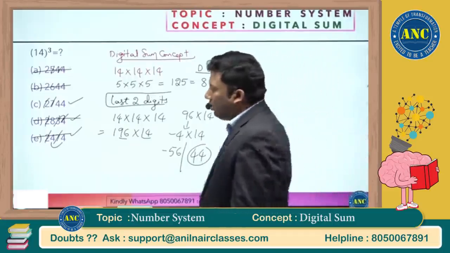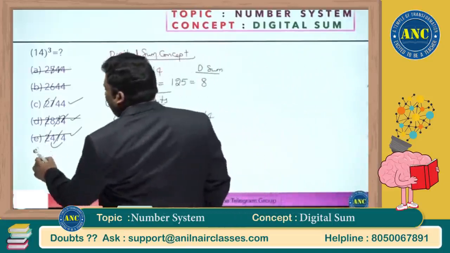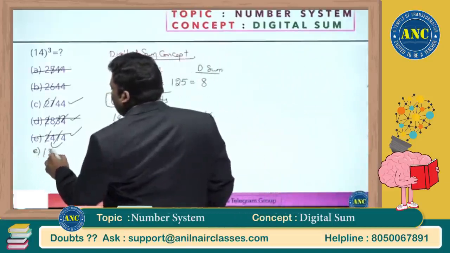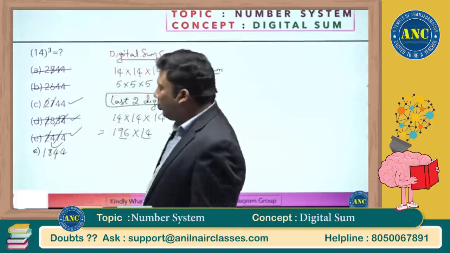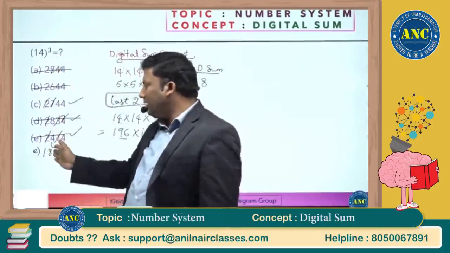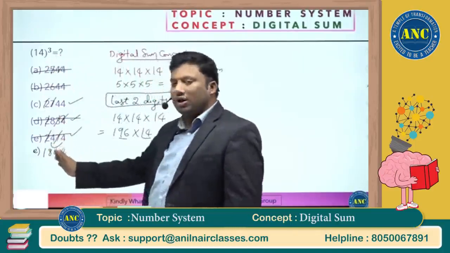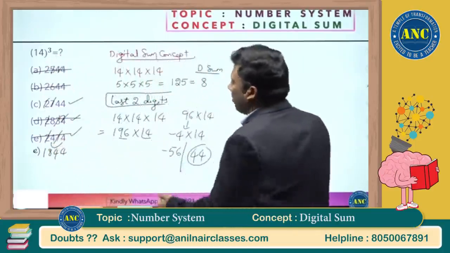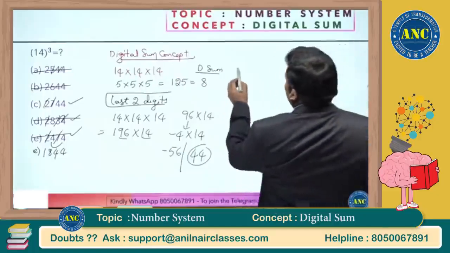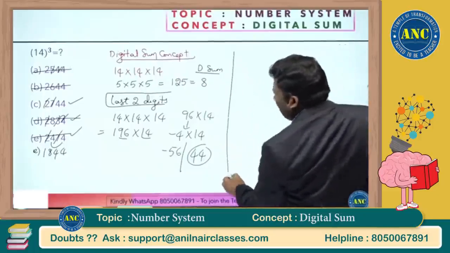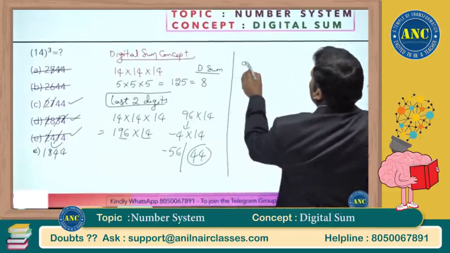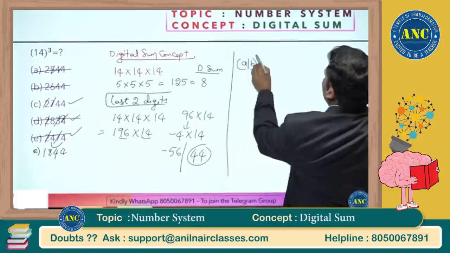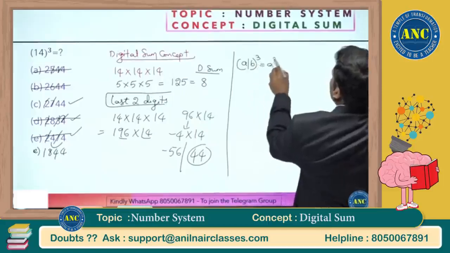Now, suppose the option is 1844. 12 cube is 1728. 13 cube is 2197. Suppose the option is 1844, then what you can do is use the a plus b whole cube logic, which we already discussed in our speed calculation class.